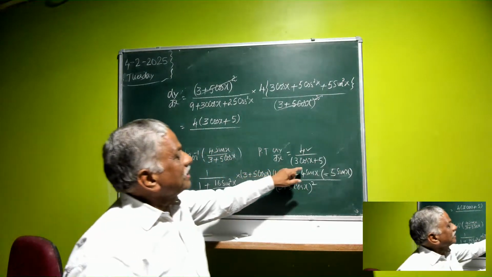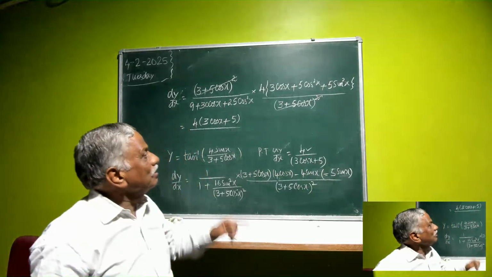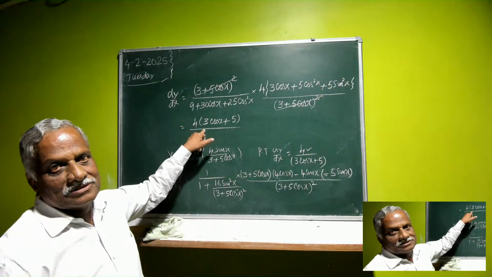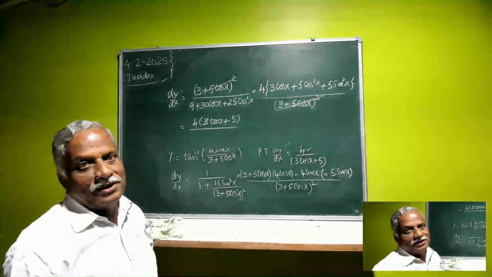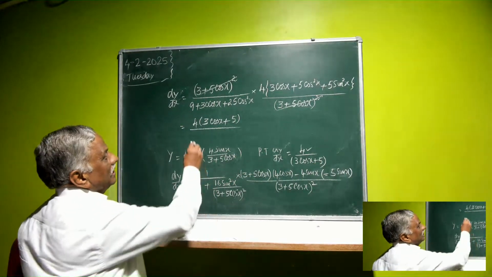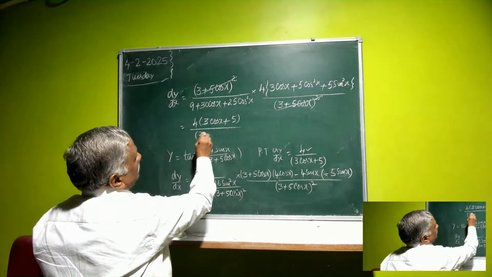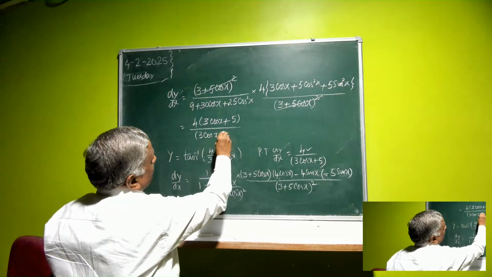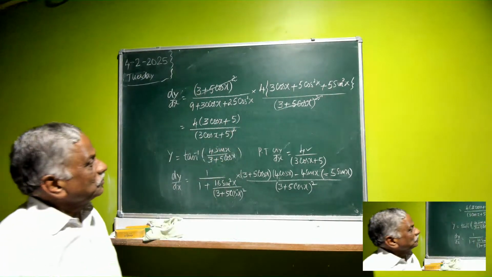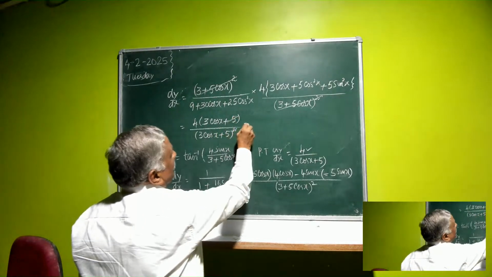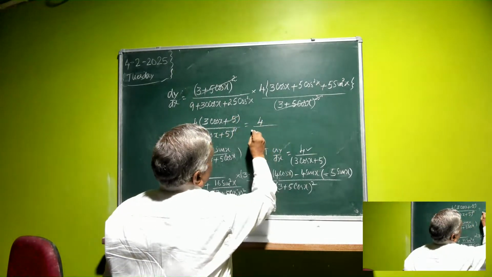We should get it divided by 3 cos x plus 5, but we have got it in the numerator. So it is very clear, you should get 3 cos x plus 5 whole square in the denominator. So I will write this as 3 cos x plus 5 whole square. If I cancel this, I will get the answer.